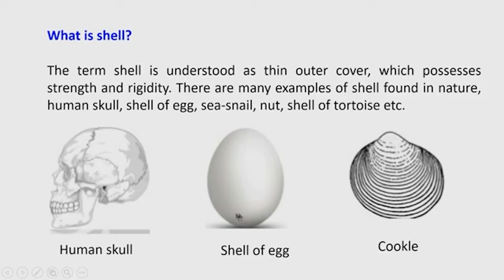Then some marine creature known as kukli also has a hard outer cover which is thin and which protects the inner soft core. So, therefore, shell is understood as a hard, thin outer cover which possesses strength and rigidity.